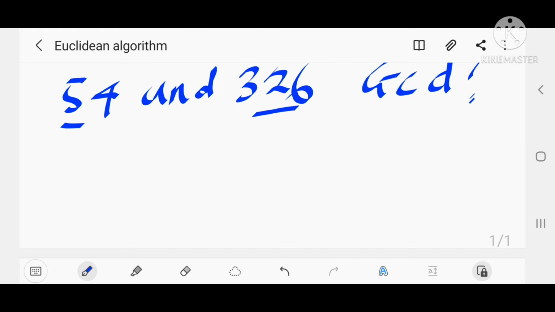So what we do here is we take the smaller number, that is 54. The smaller number becomes the divisor of the larger number. So always take the smaller number and express it as a divisor of the larger number.